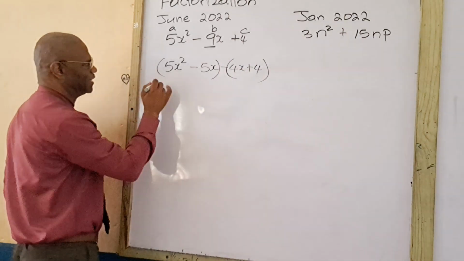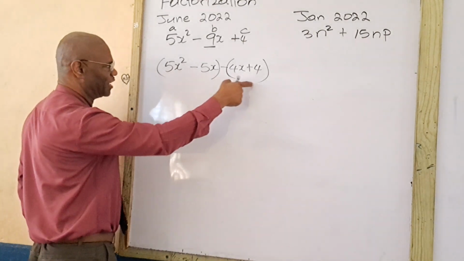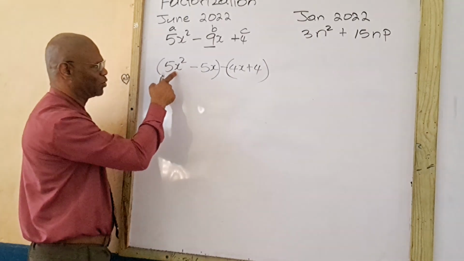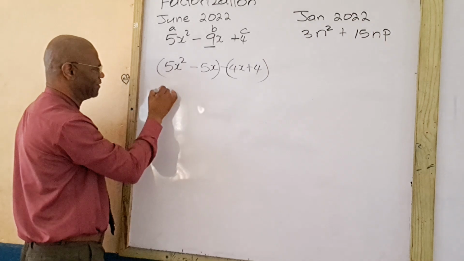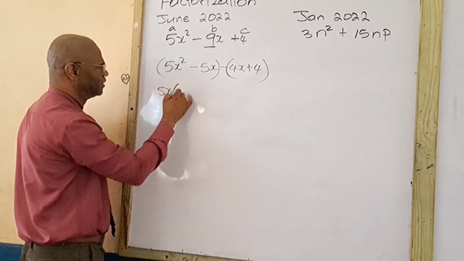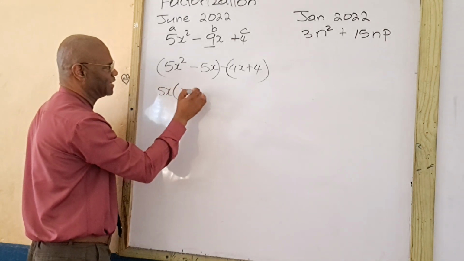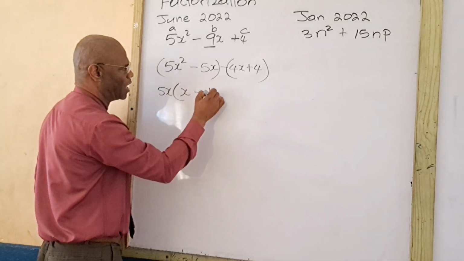Alright, so we are going to take down the highest common factor from each of the brackets. So the highest common factor of 5x squared and 5x is 5x. Alright, so 5x is common. 5x squared divided by 5x is just x, minus 5x divided by 5x is 1.